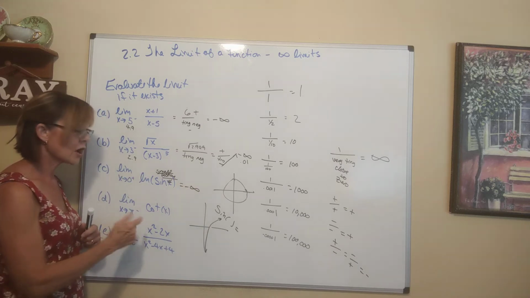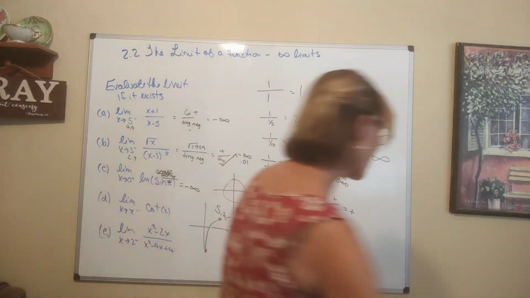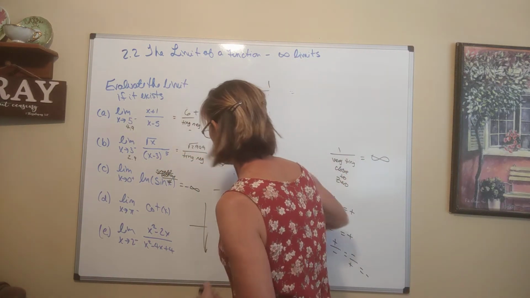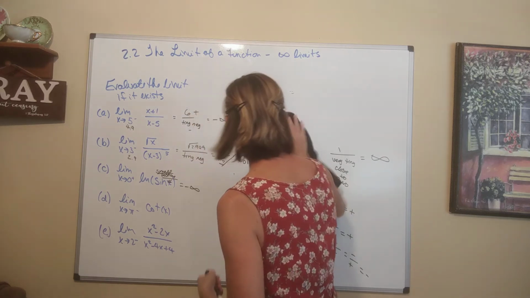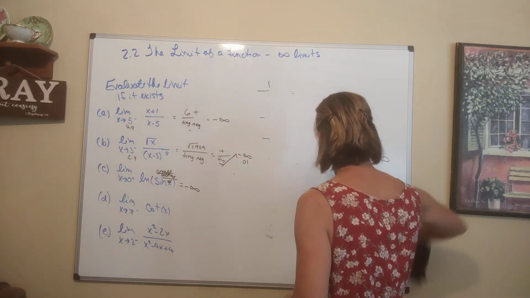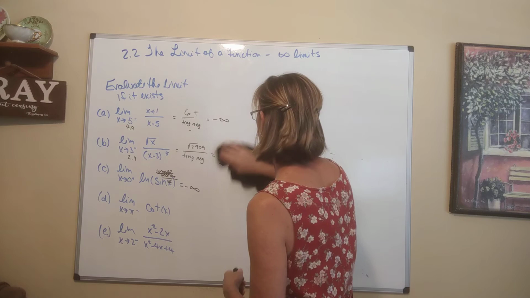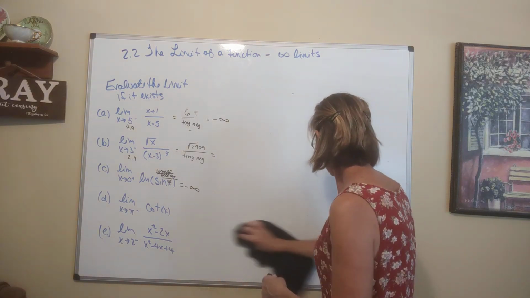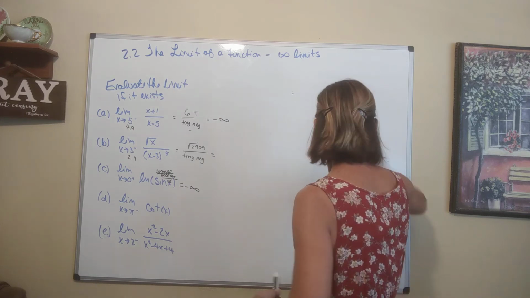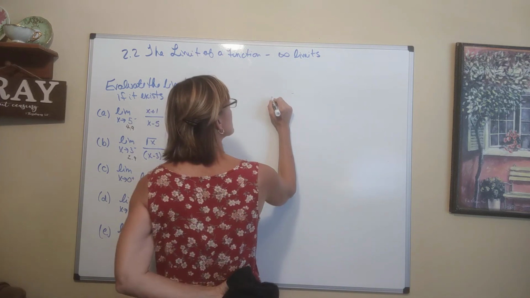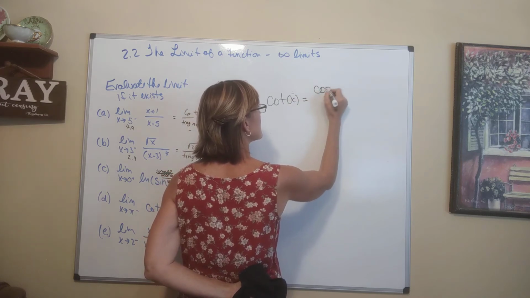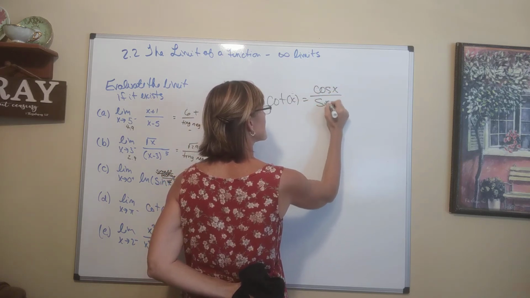All right, let's look at the cotangent of x. Cotangent, if you remember your trig functions, is defined to be the cosine over sine of x, right? So if you remember your unit circle, hopefully you remember something about trig. The cotangent of x is the cosine over the sine of x.